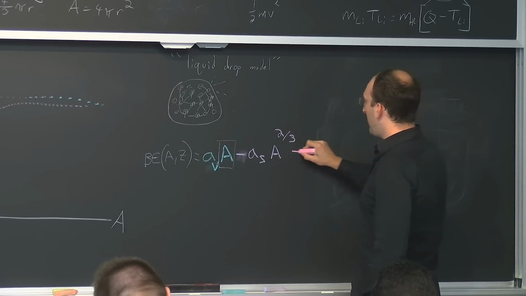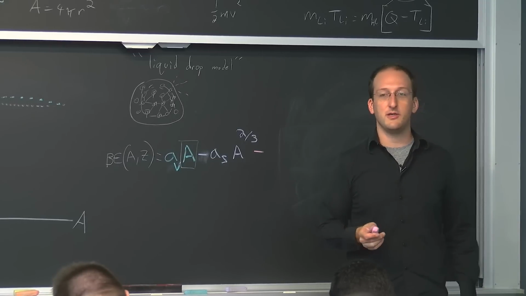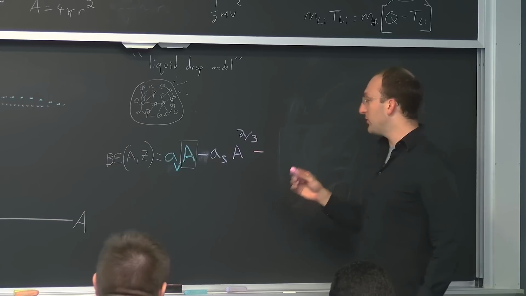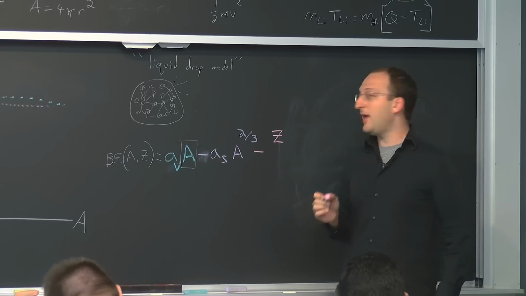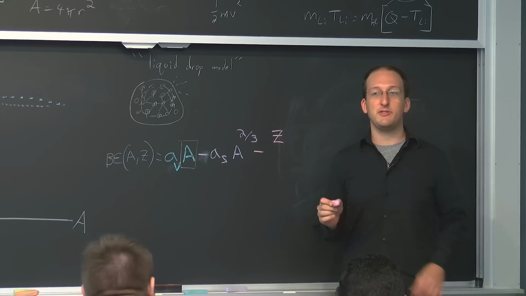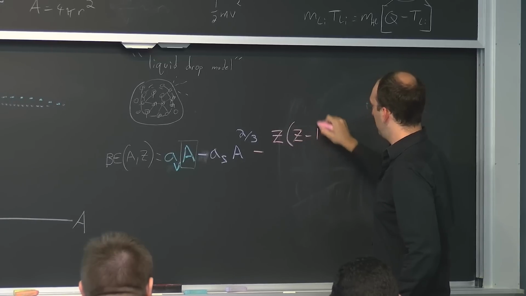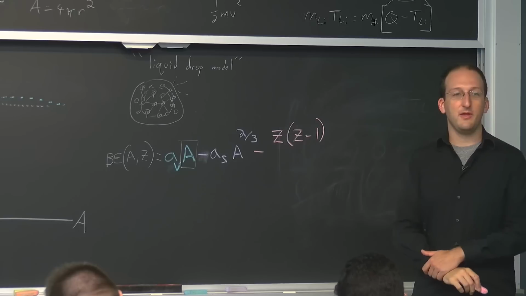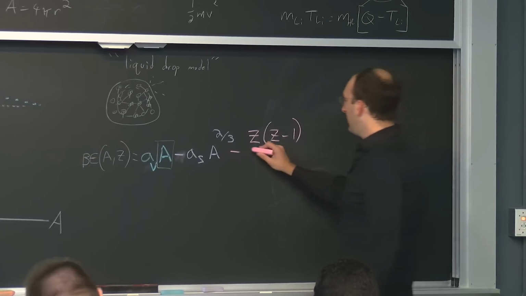There's going to be some other term to account for the fact that the nuclei, specifically the protons, are trying to repel each other. So it's going to be proportional to the number of protons that we have, and every proton should feel a repulsive force from every other proton. So let's say it's times Z minus 1, so that every proton feels the force of every other proton except for itself.